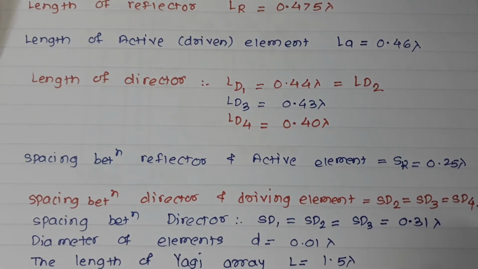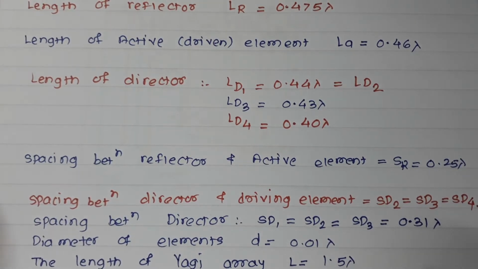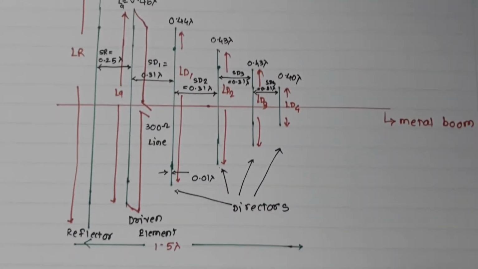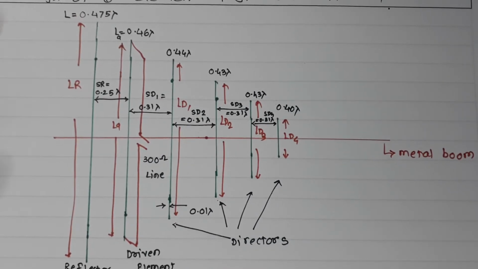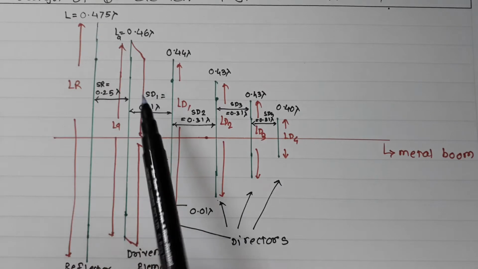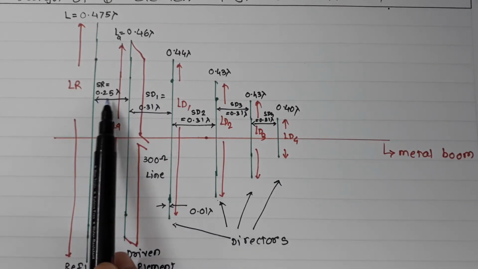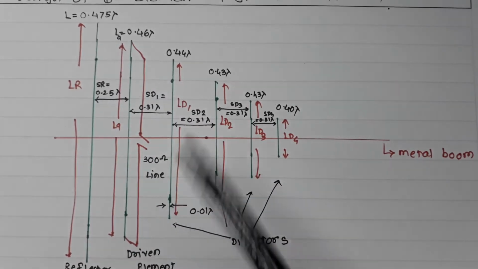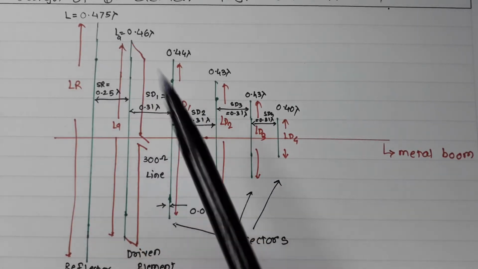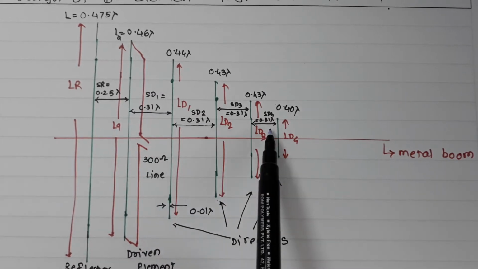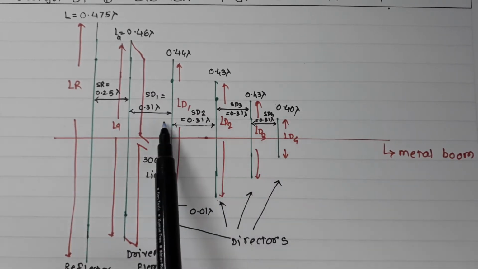So let us take a look at this particular design, how it looks. This is the 6 element Yagi-Uda antenna, where the length of the reflector is 0.475 lambda and the spacing between your driven element and the reflector is 0.25 lambda. Our active element is 0.46 lambda. The spacings SD1, SD2, SD3 and SD4 are the same, 0.31 lambda.